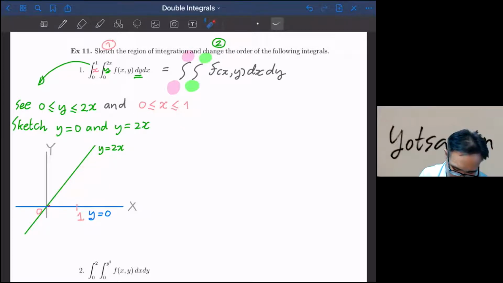It's the region from x equal to 0 to x equal to 1. So it's just this triangle.